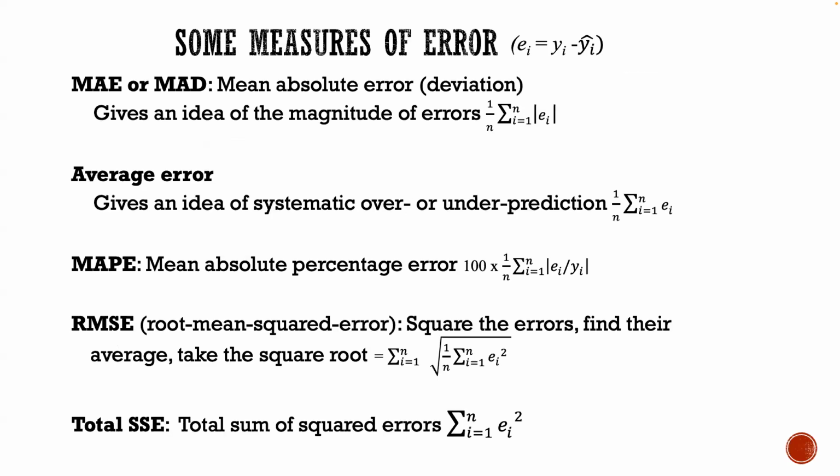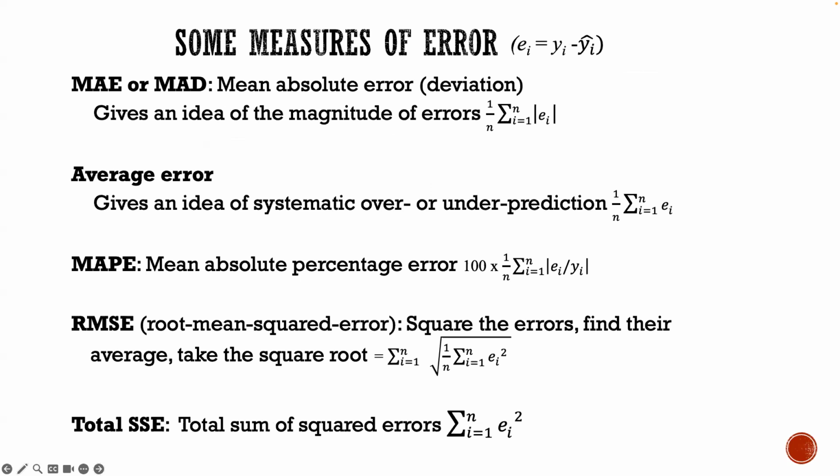So normally when we look at the error measure e_i, that's E subscript i, we always are looking at the actual, which is y, minus y hat. Whenever we show predicted values, we always put a hat on top of it.